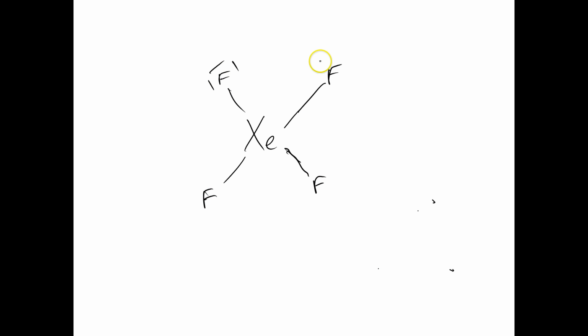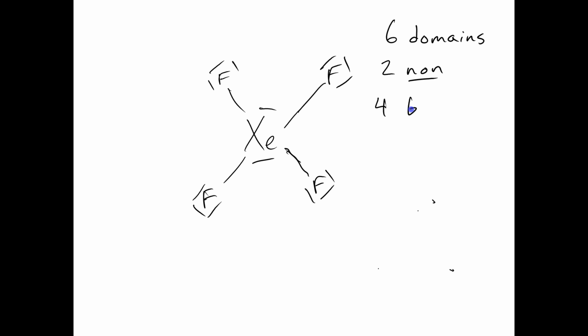Had an octet around each F. Also had 2 lone pairs sitting on the xenon. So that's a total of 6 domains. Breaking this down, 2 of those are non-bonding, and 4 of those are bonding. Because I have 6 domains, those give me an octahedral electron geometry.